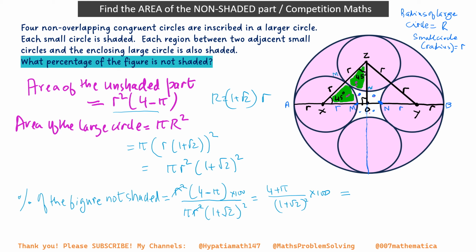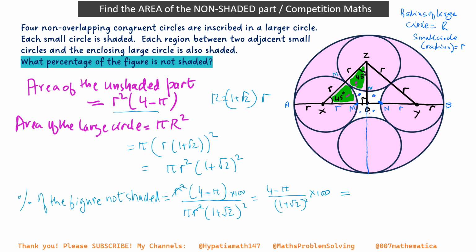It's 4 minus pi, right? So if you do that, did I get the right answer? Yes, it is right so far, and the r squares are cancelled. Yes, so that is the right answer.